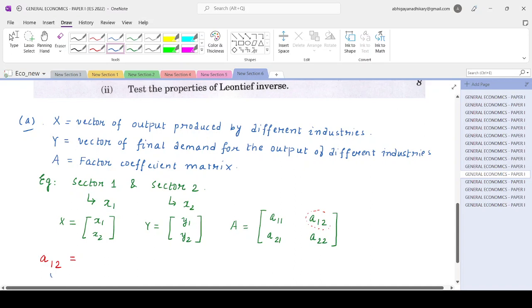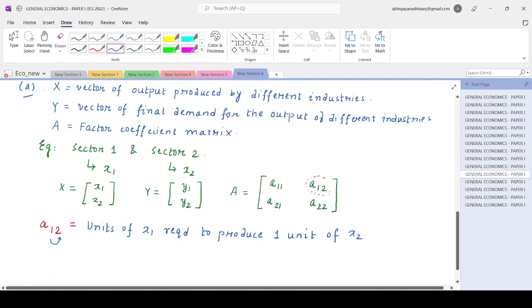That means how much of output of sector 1 needs to be pushed into sector 2 to produce 1 unit of sector 2's output. Units of x1 required to produce 1 unit of x2. This is what it means.